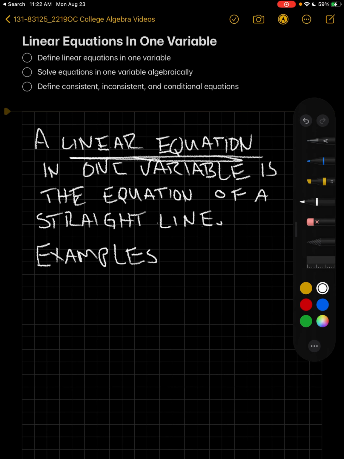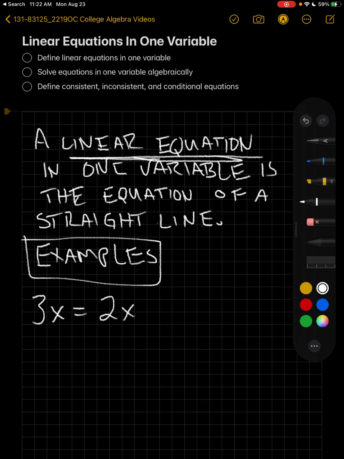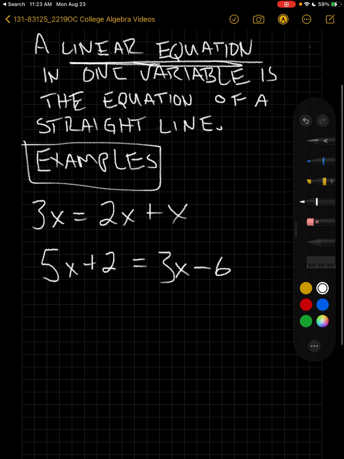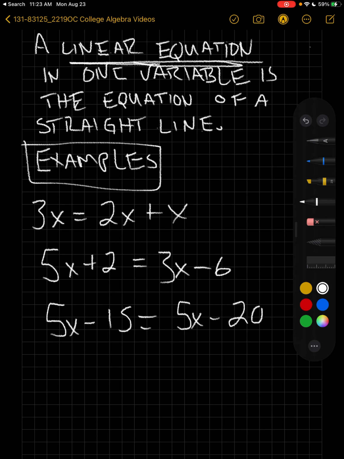Here are some linear equations in one variable. You could have something like 3x equals 2x plus x. You could have something like 5x plus 2 is equal to 3x minus 6. You could have something like 5x minus 15 is equal to 5x minus 20.